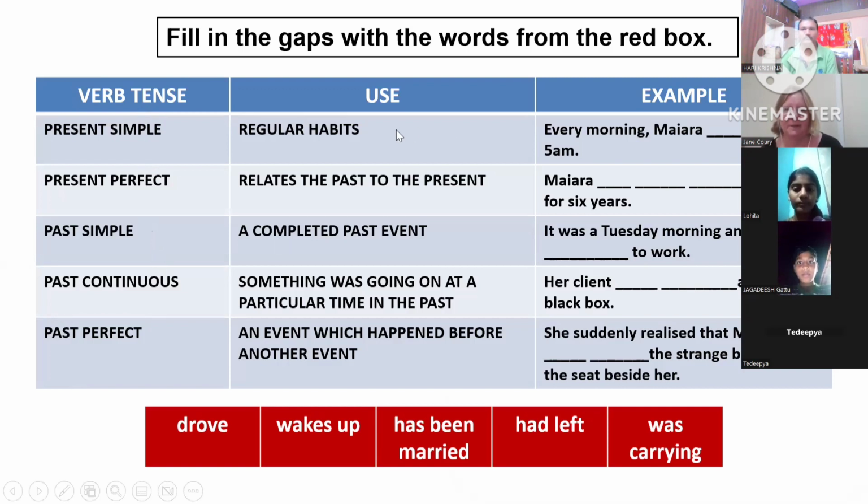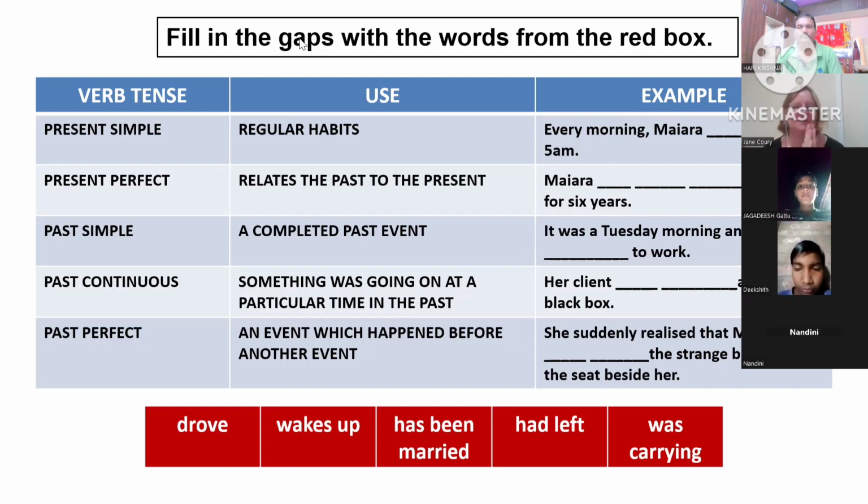Let's have a look. The present simple we use for regular habits, okay? So every morning, Mayada wakes up at 5 a.m. Very good. Excellent. So you can see at the bottom, you have the words.